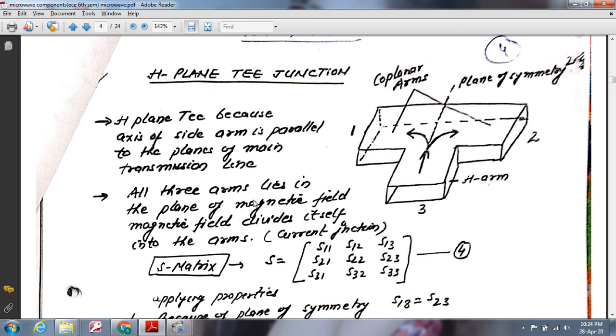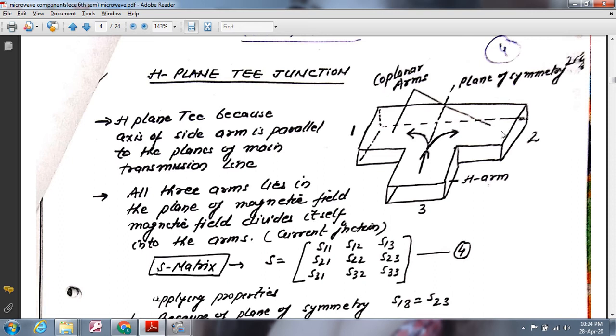All these arms lie in the same plane of the magnetic field. The magnetic field divides itself into the arms. Suppose I have connected a source at port number 3. Now the power is going towards port number 2 and equal power to port number 1. This power division takes place.